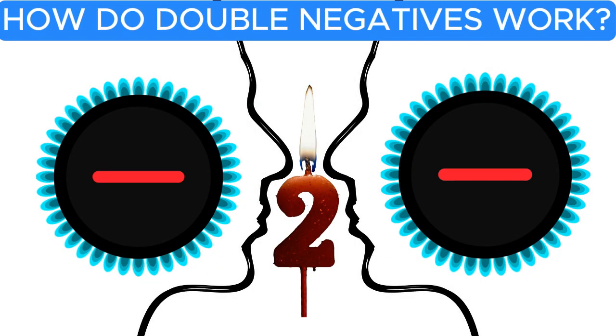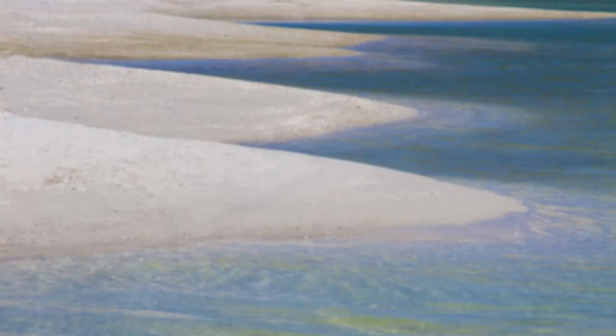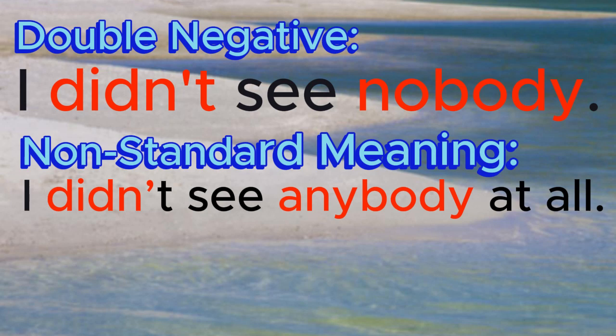How do double negatives work? In non-standard forms of English, such as in certain dialects or colloquial speech, double negatives are used for emphasis and are understood as reinforcing the negation. For example, saying, I didn't see nobody in non-standard dialects means I didn't see anybody at all.